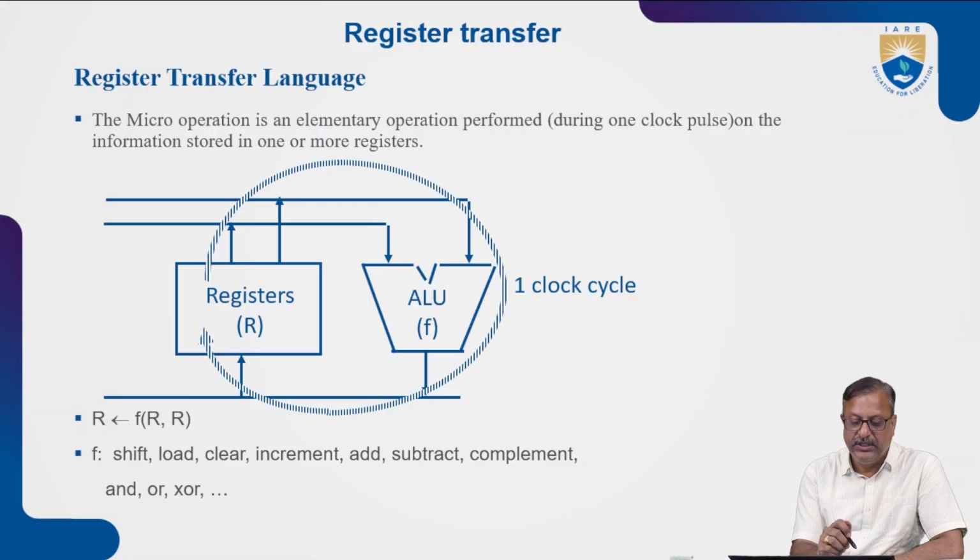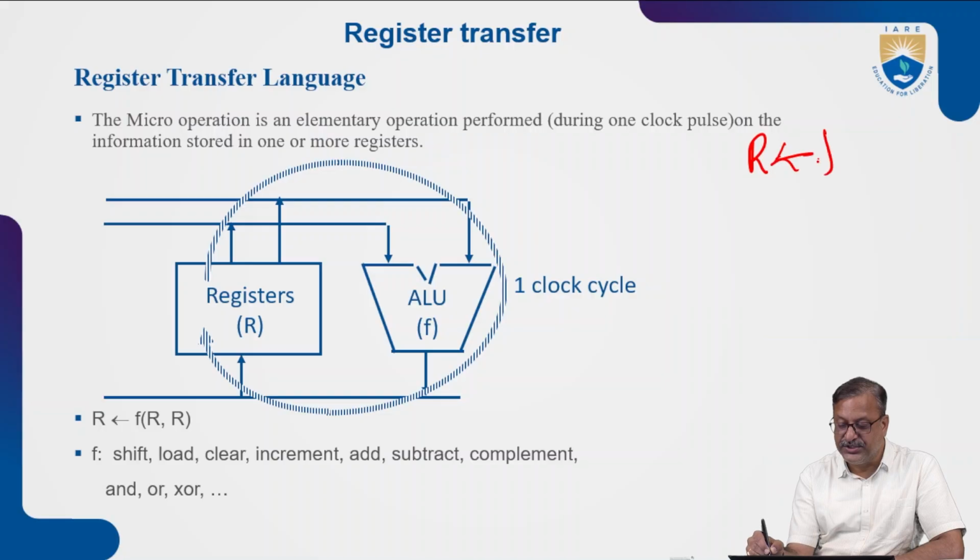When you go to the next slide, it gives a clear picture of what we discussed. You can see the micro operation is an elementary operation performed during 1 clock pulse on the information stored in 1 or more registers. Now you can see R is a function of R2.